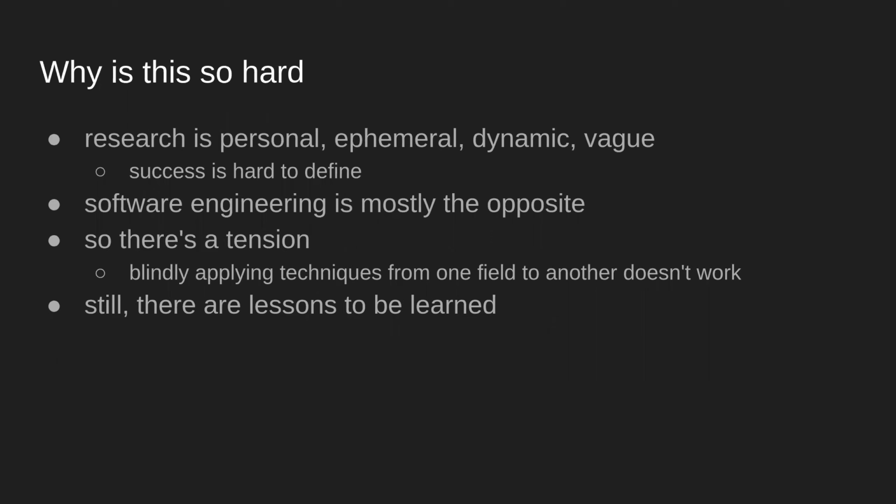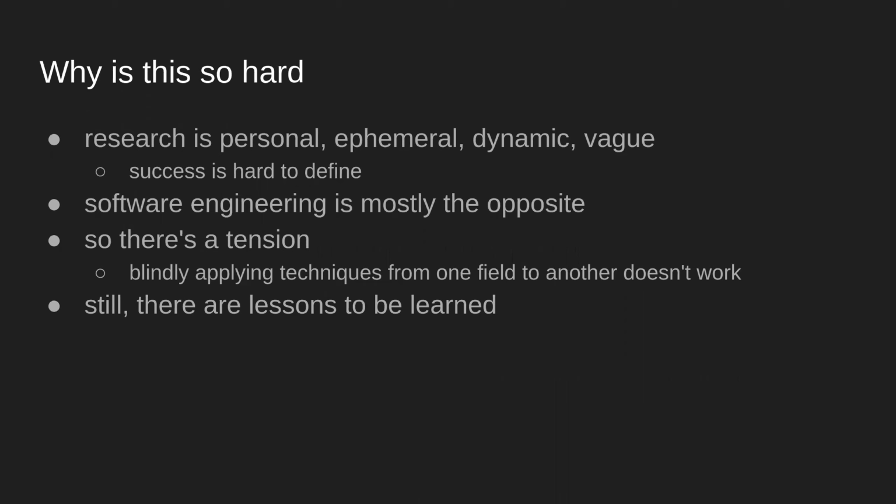Yeah, so moving on to why this research to production pipeline is so hard. I think one of the key things is that research and software engineering are fundamentally almost opposite things. Research, on one hand, is very personal.